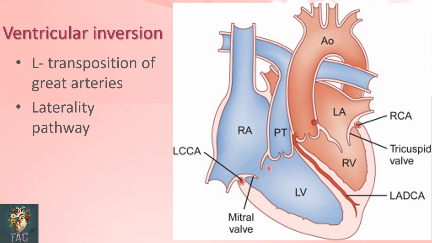The laterality pathway is basically affected. So the condition is called ventricular inversion. That is, the morphologically left ventricle is present on the right side, and the pulmonary artery is attached to the left ventricle, which is present on the right side. Similarly, the morphologically right ventricle is present on the left side, and the arch of the aorta is exiting from the right ventricle. So this was ventricular inversion.